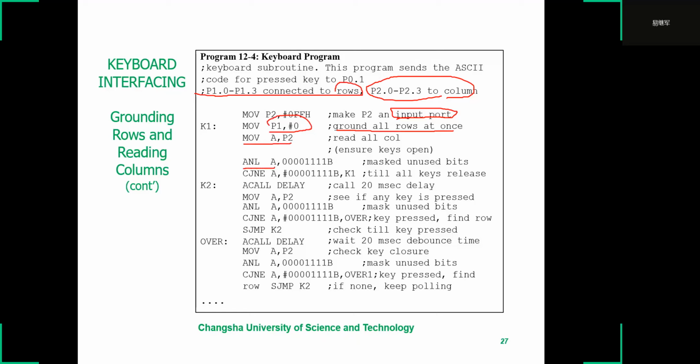And the result: if any key is pressed, we can get a 0.